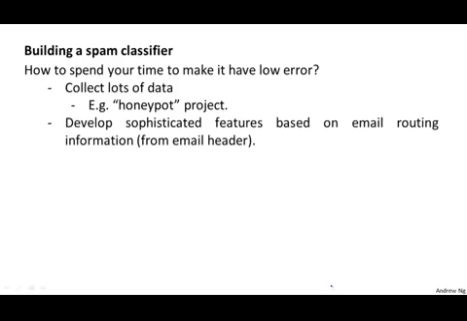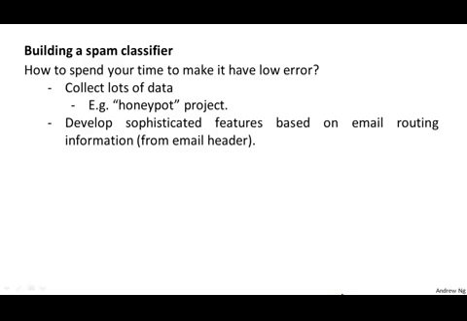doing to improve performance. For spam, one thing you might think of is to develop more sophisticated features on the email, maybe based on the email routing information. And this would be information contained in the email header. So when spammers send email, very often they will try to obscure the origins of the email and maybe use fake email headers or send the email through very unusual sets of compute servers, through very unusual routes in order to get the spam to you.